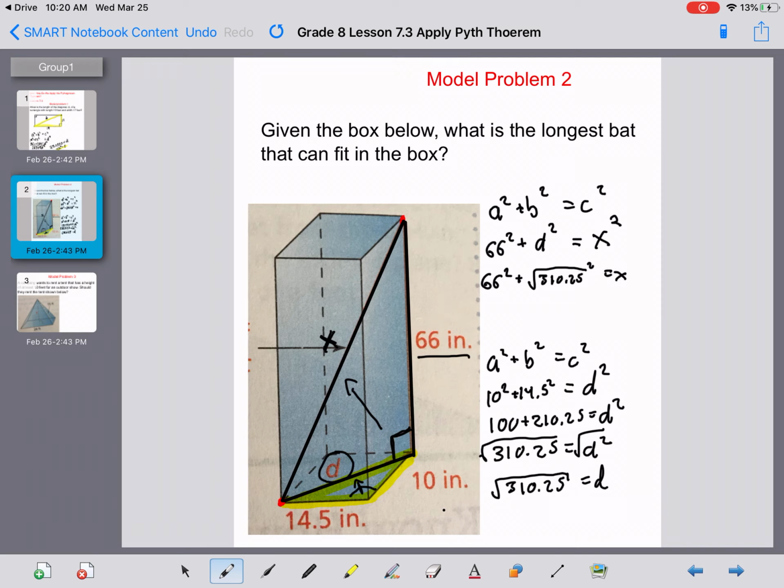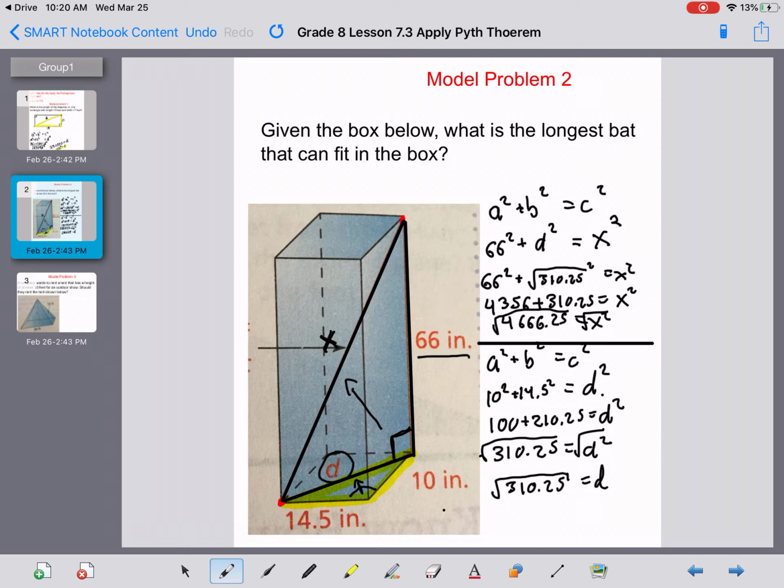66 squared is equal to 4,356 plus the square root of 310.25 squared, which is 310.25, equals x squared. 4,356 plus 310.25 is equal to 4,666.25 equals x squared.